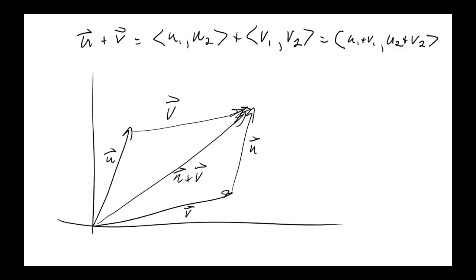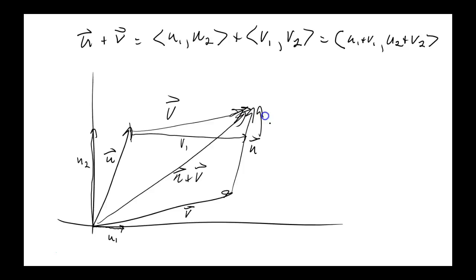But you see, this also illustrates what we did here. This would be U1. This would be U2. This would be V1, same as this V1 down here, if that were level.